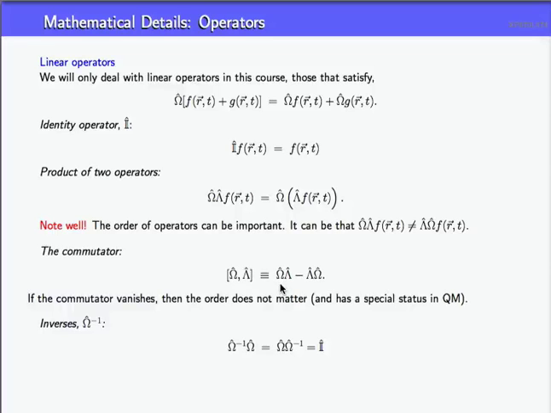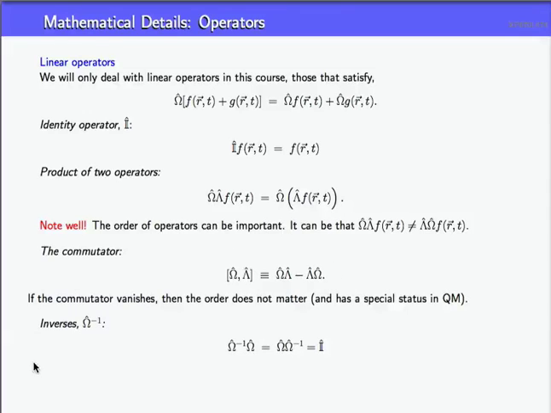But it's important to distinguish whether this commutator vanishes or not. If it does vanish, that means that omega lambda is the same as lambda omega, and that has a significant importance in quantum mechanics. But sometimes it does not. I'll show an example in a moment, one that does not.